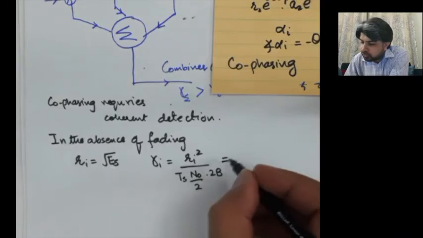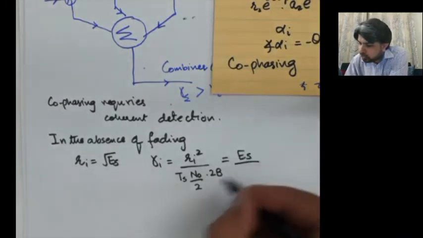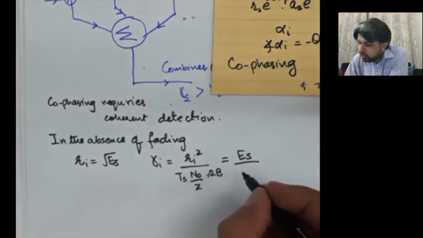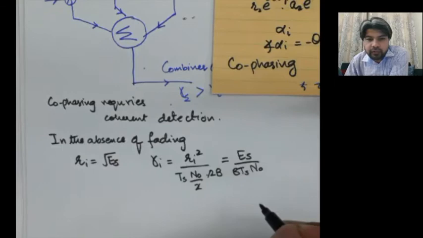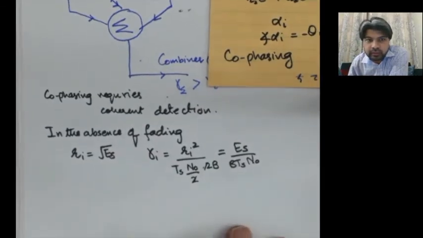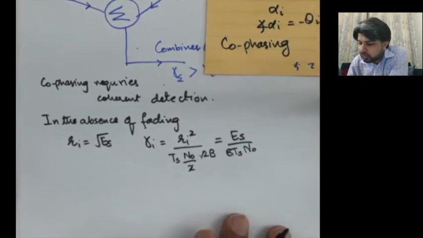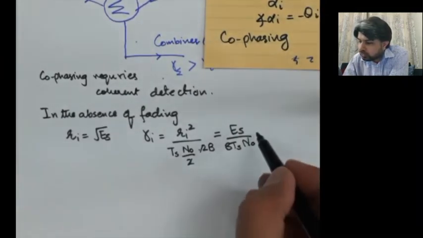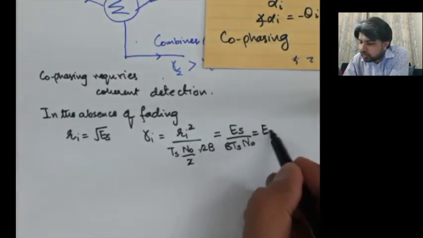So that would be equal to Es over, this 2 cancels with this 2, B times Ts times N0. And if we assume that B times Ts, that is your bandwidth and symbol interval product, is equal to 1, then this branch SNR is Es over N0.